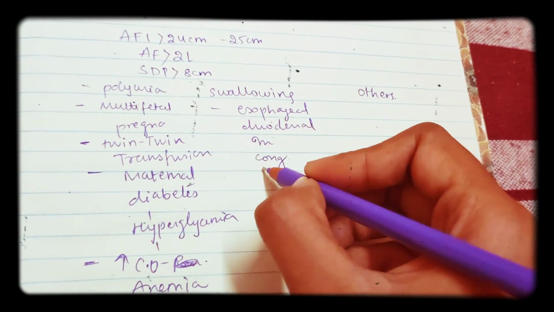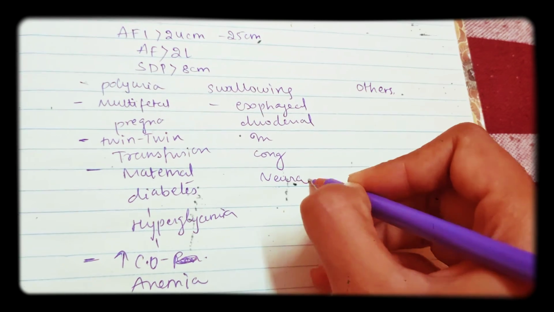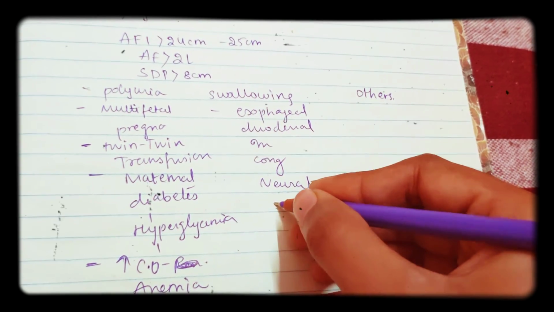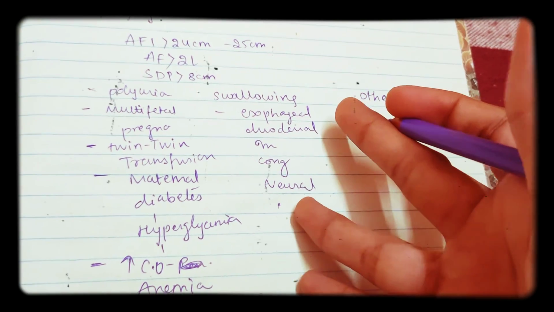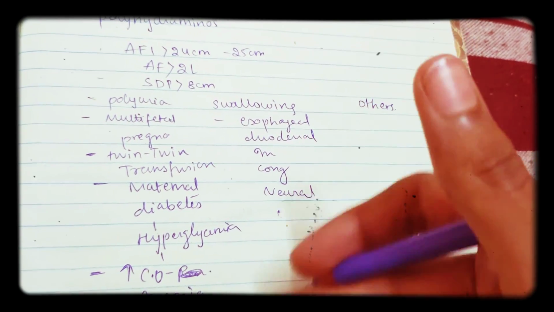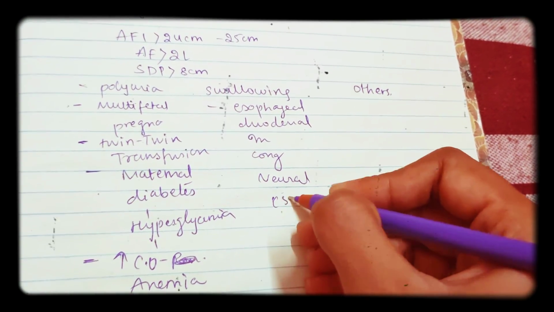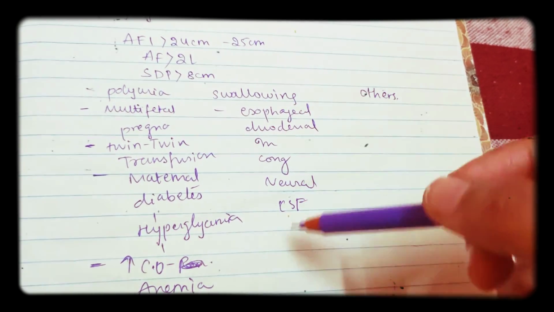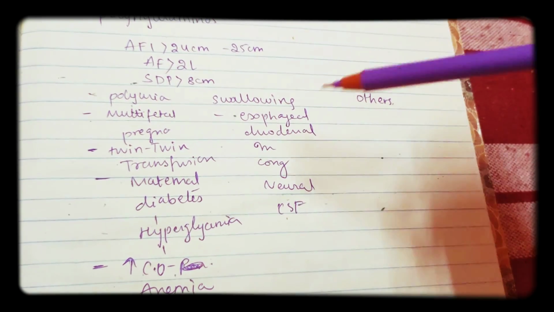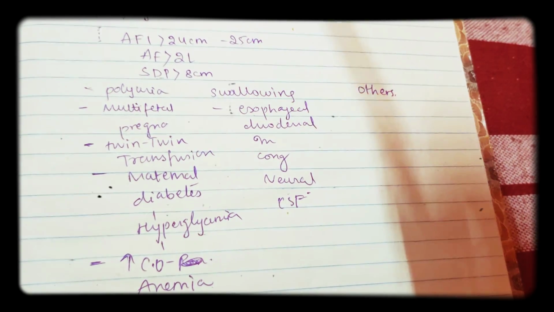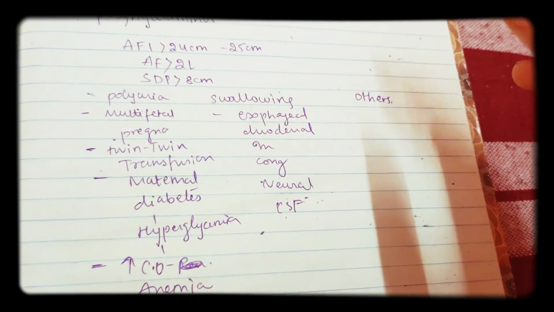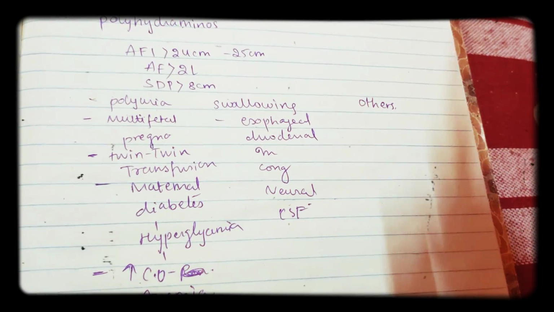And also neural defects like anencephaly and spina bifida, where the cranium is not developed well, so CSF leaks into the amniotic fluid, and the swallowing centers are not working.